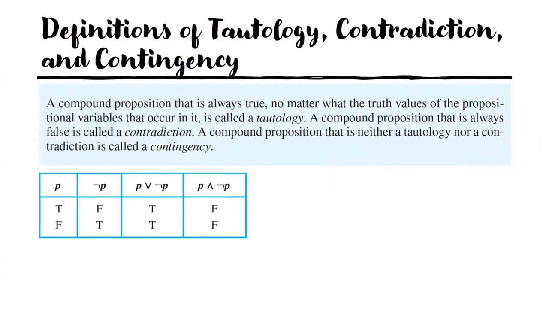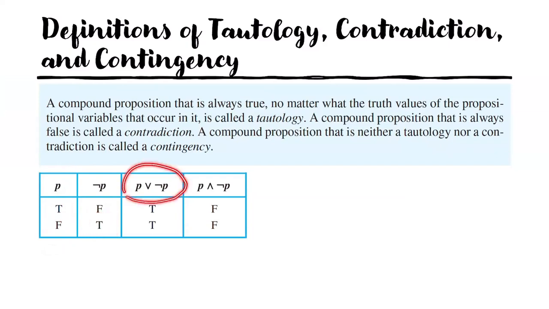Okay, so let's look at an example. Let's say we have a propositional variable p. The truth value for p could be true or it could be false. If we negate p, when p is true, then not p will be false. When p is false, then not p will be true.